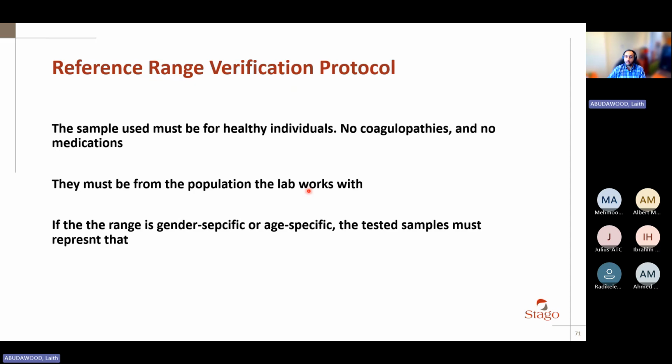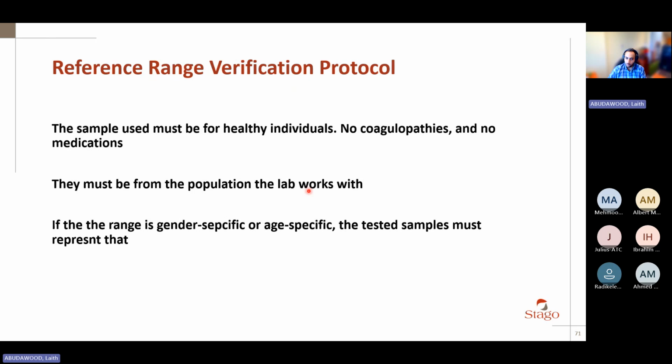One point that labs often miss is that the ranges have to be calculated from the population that you work with. For example, some parameters are affected by ethnicity. So you cannot, for example, be working in France and use a range that is calculated in Botswana.